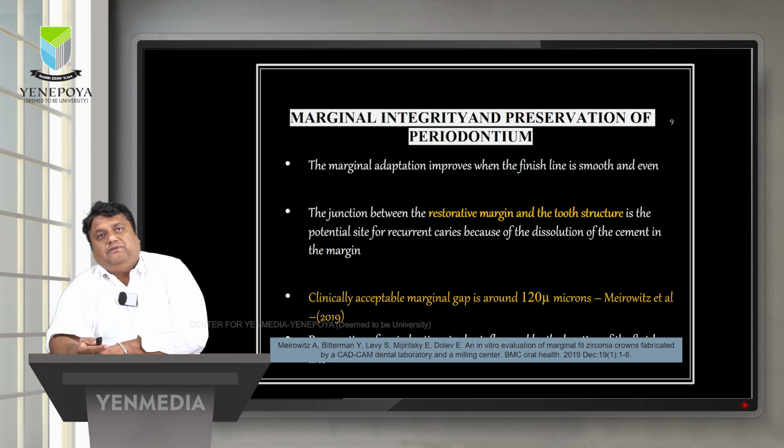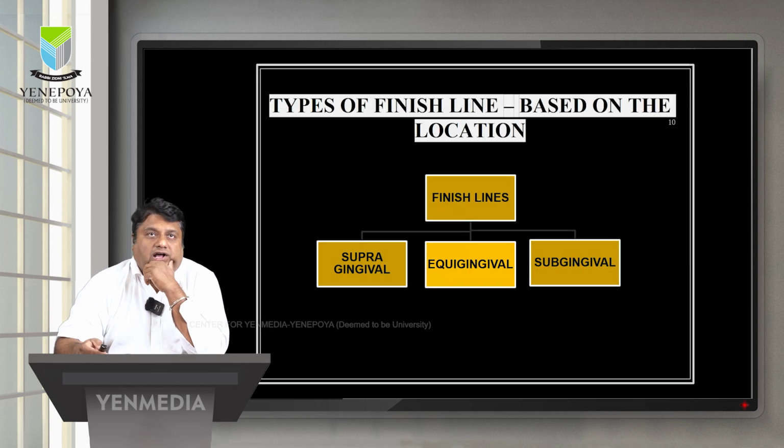Now, as you all know, the finish line location can be supragingival, equigingival, or subgingival, depending upon the condition. In this discussion, I will not be talking about the indications of supra, equi and subgingival finish lines.